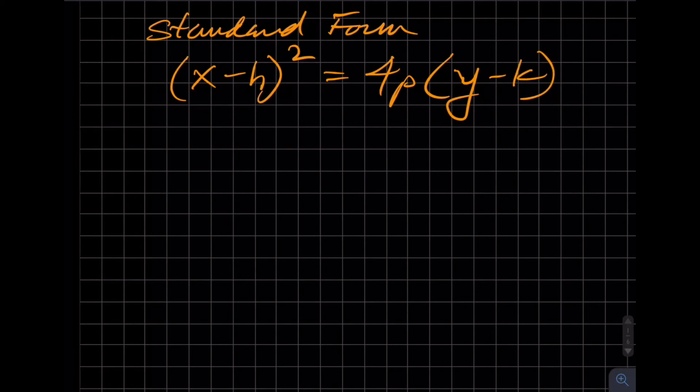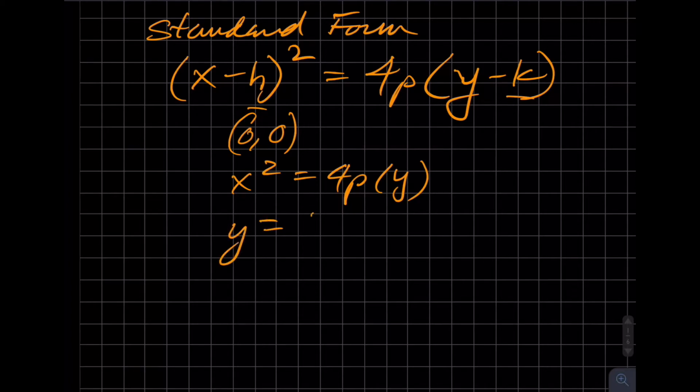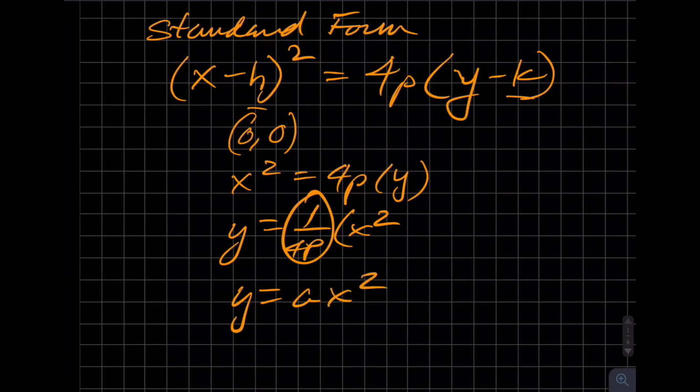Now notice, if h and k were 0, meaning my parabola had a vertex at the origin, this would be x squared equals 4 times p times y. And if I divided both sides by 4p, I would get y equals 1 over 4p, which we can think of as some number, times x squared.